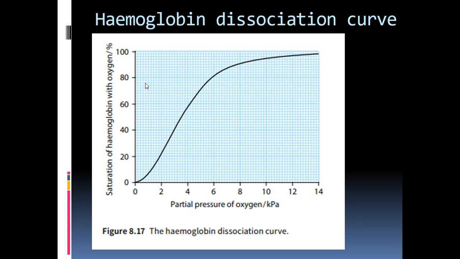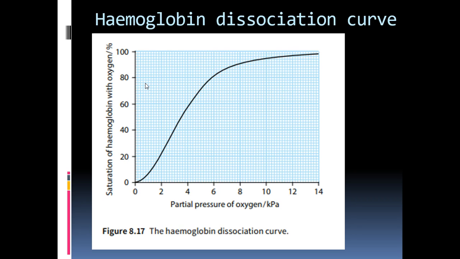When we talk about the combination of oxygen with hemoglobin, what happens is that when an oxygen molecule combines with the first heme group, the whole combination of oxygen with hemoglobin doesn't really occur simultaneously.